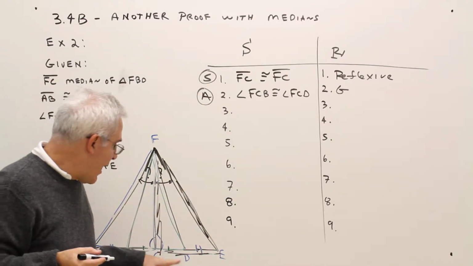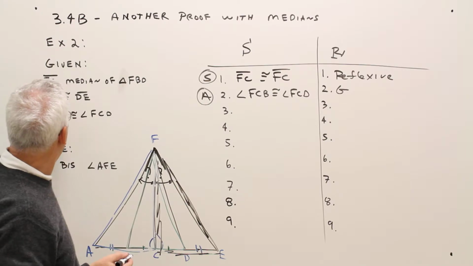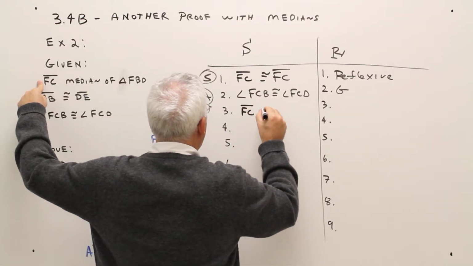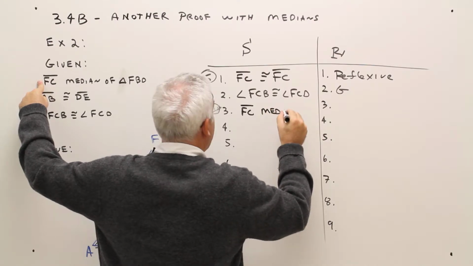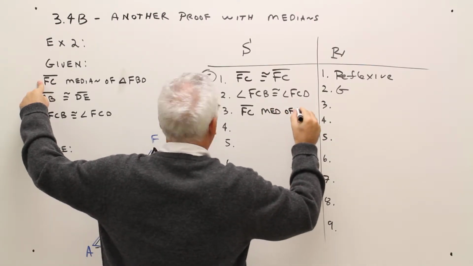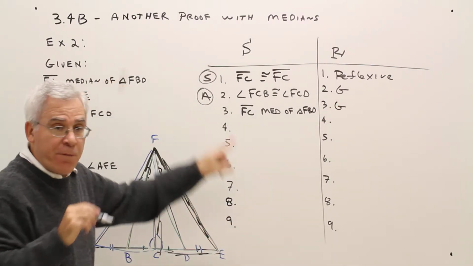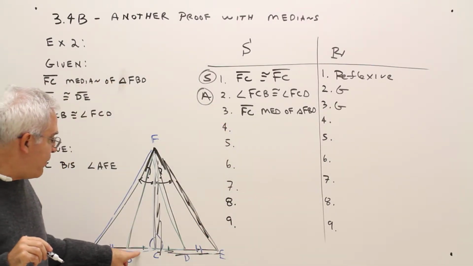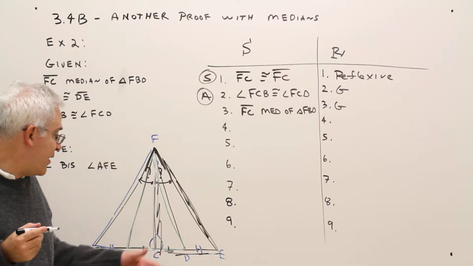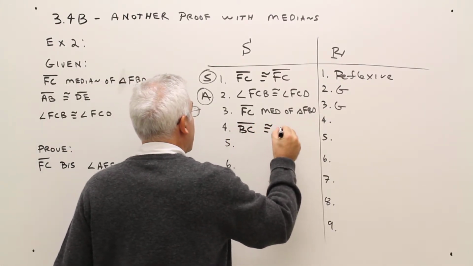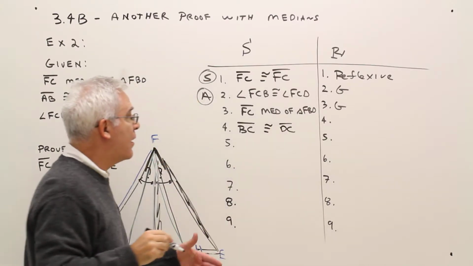Now I'm going to work on the sides. So I'll use that definition of the median. So I'll use this. FC is a median of triangle FBD. That was given. From that, I'll get BC to DC. So BC is congruent to DC.